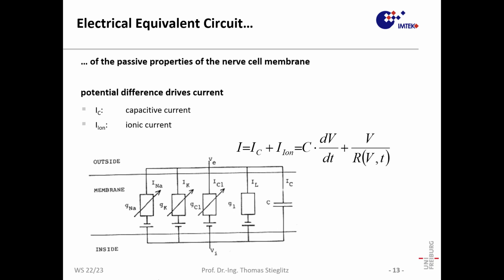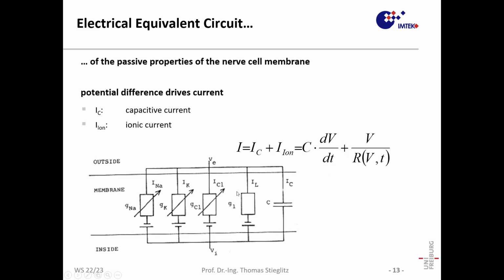And if we take that and describe how much current might flow through, we have this capacitive current that we have to consider and the ionic currents here, the other ones. Capacitive current is the capacitance of the membrane times the derivative of the potential over time, so dV over dt.